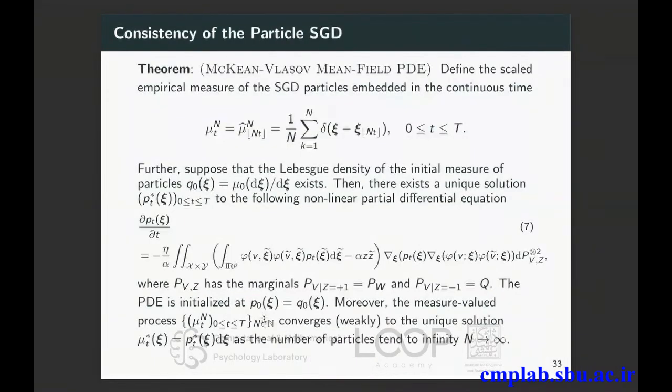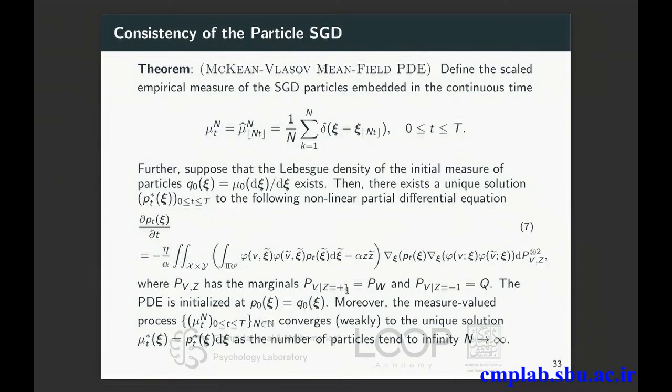It turns out that this limiting measure can be characterized using a PDE. This PDE comes from statistical physics, where people have studied these systems of many particles for a long time. The PDE that describes the evolution of the empirical measure is called the McKean-Vlasov mean field PDE.